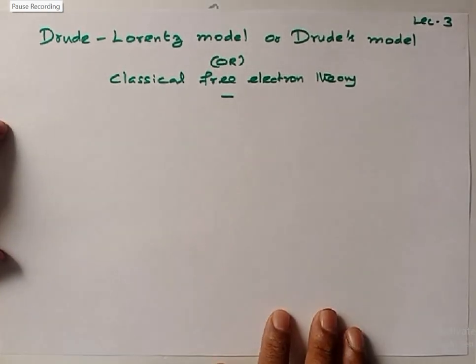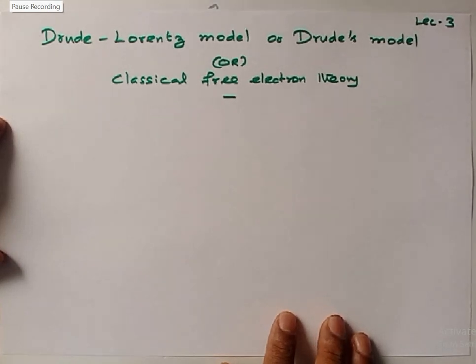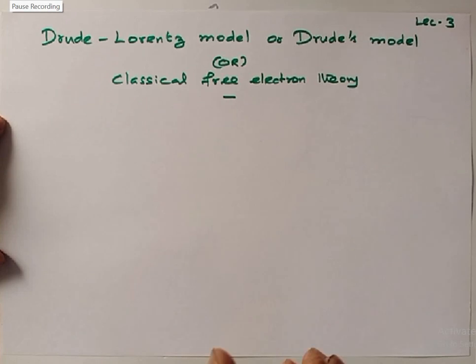In the last lecture I discussed how to calculate the number of free electrons per unit volume and the expression for conductivity or the electron density. To calculate it we need the number of free electrons per unit volume and the charge of the electron, which is already known.